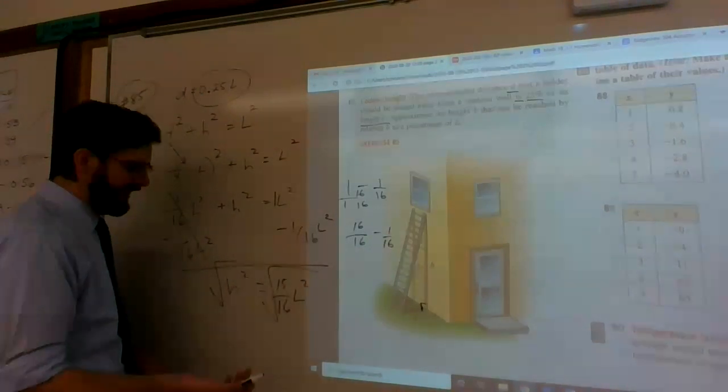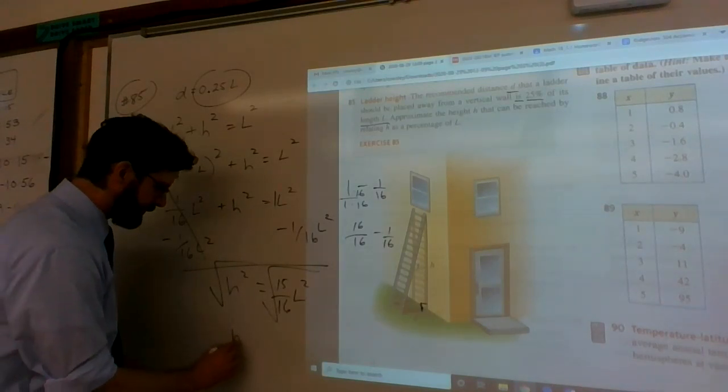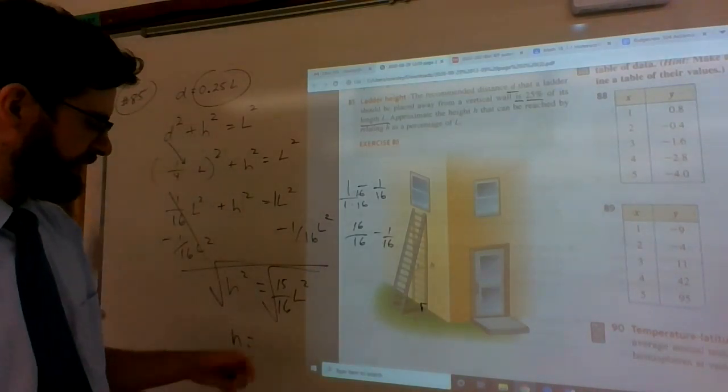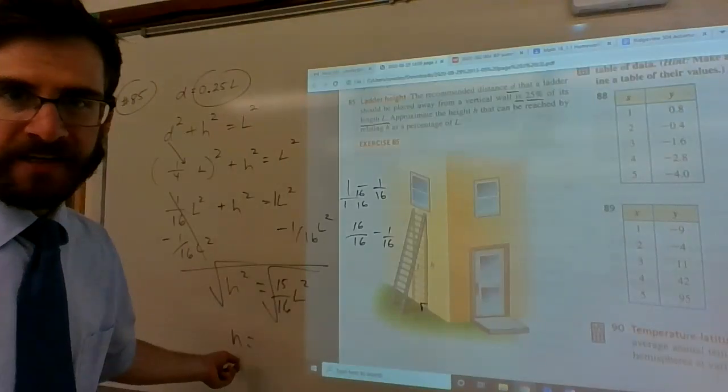We're really tasked with getting H by itself, so we square root both sides. We don't have to worry about a plus or minus because we're not dealing with a height that could be negative.